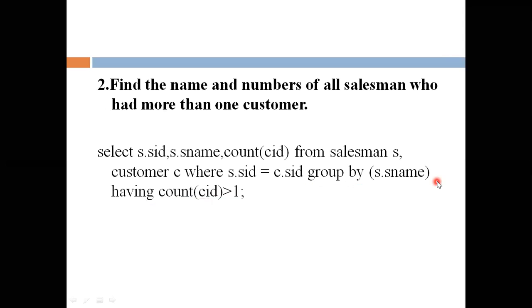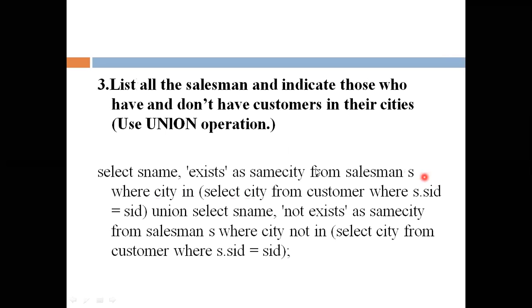Okay, now let me move on to the next query. And this is the union operation. I hope earlier we have discussed this. Let me take two sets, for example A equal to 1 2 3 and B equal to 2 3 4, right?